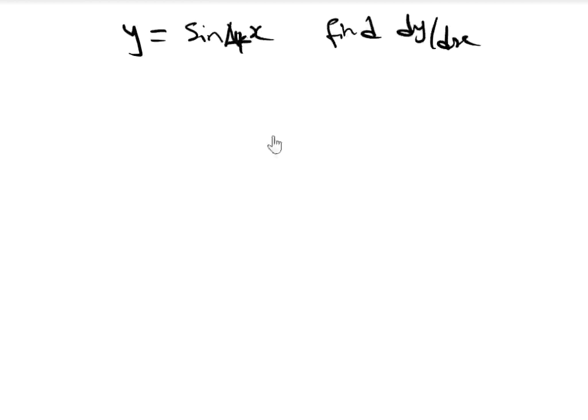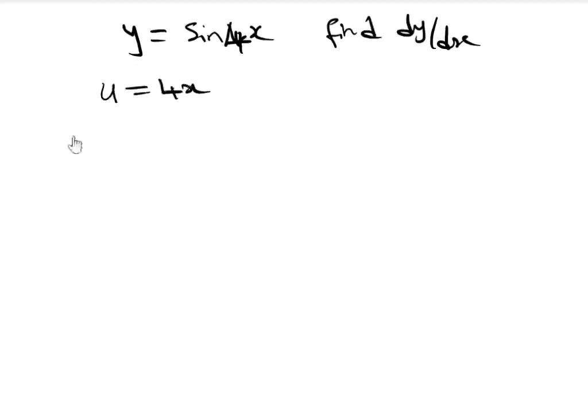What if we are asked to find dy/dx if y is equal to sine 4x? We are going to use the chain rule to solve this, and we will assume u to be equal to 4x.